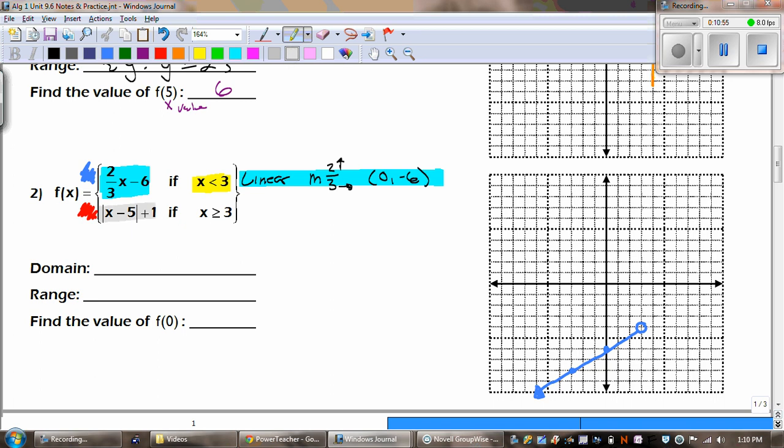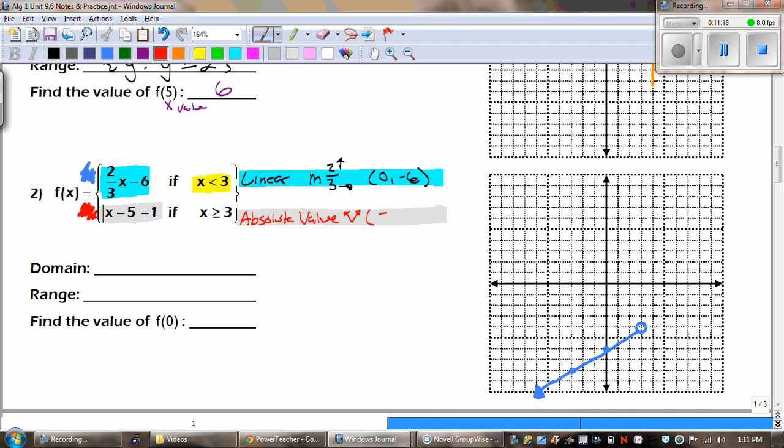Now, what type of graph is that going to be in gray? Remember those bars? Those bars mean absolute value. All right, and the next thing we need to know about absolute value, is it reflected? No, it's not reflected.